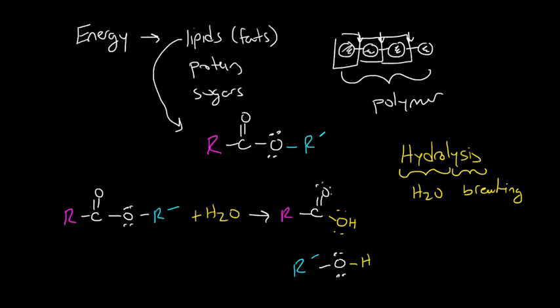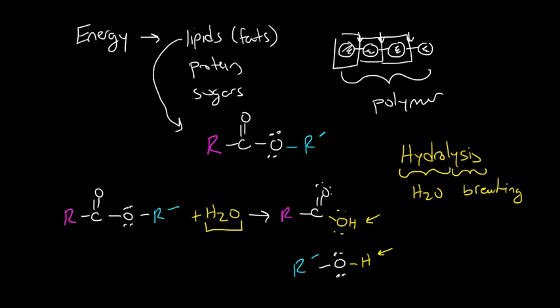Everything in yellow was water, so our water is here. What we observe is that the two hydrogens and oxygen from water end up split apart. So water splits to create part of the carboxylic acid and part of the alcohol functional groups that are produced.